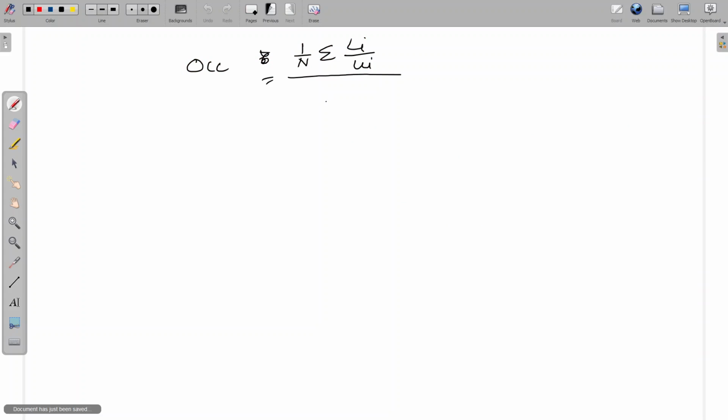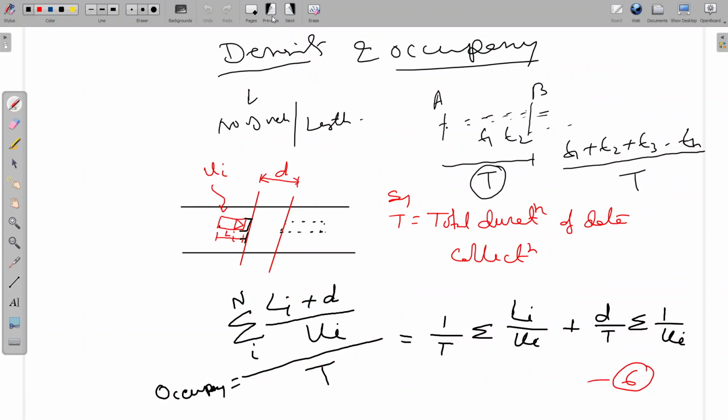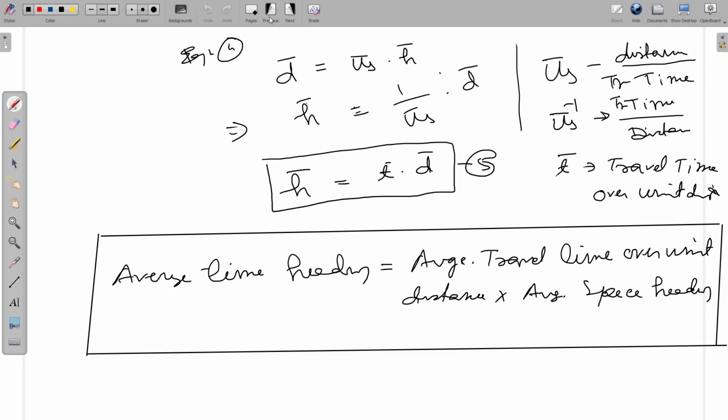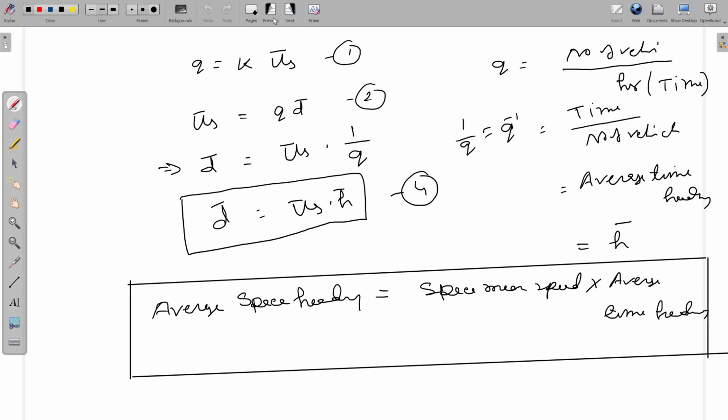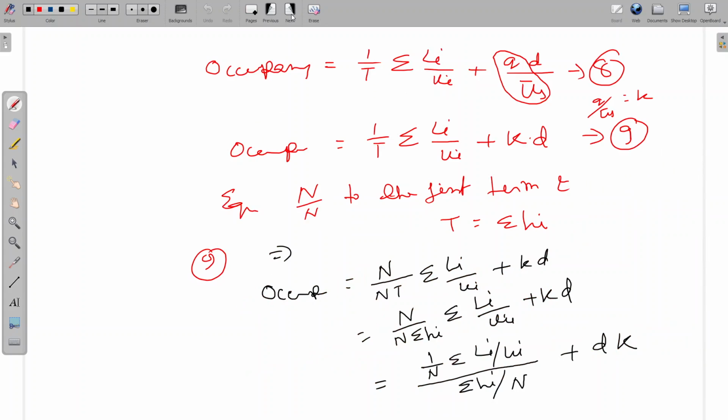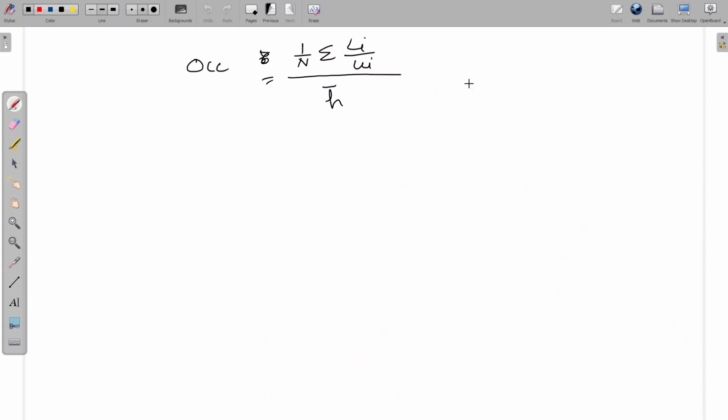So what is the average time headway that we have written earlier? If you just go back, average time headway we have denoted by h bar. So I have written here h bar plus d. So this is equal to, I can simply write, 1 upon h bar.